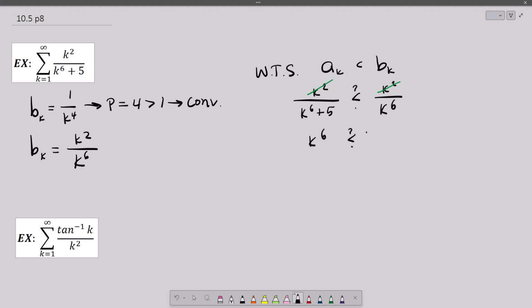And so we will have this. Something's fishy there. That should be a k to the 6. So then we get 0 less than 5, which is true. So that tells us that we have an A sub k series that does converge.